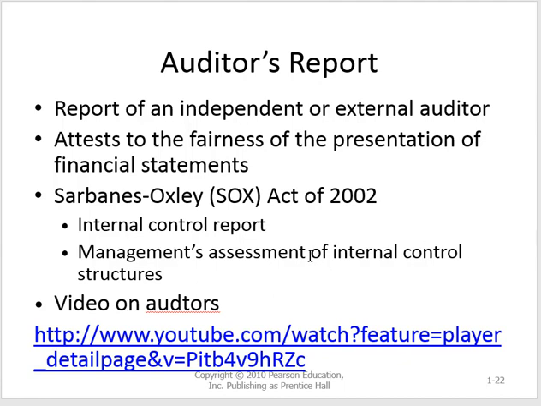So it's an internal control kind of a piece. It asks for management's assessment of internal control. So the Sarbanes-Oxley Act is very important in understanding how transparency is created and how reliable financial statements ultimately will be.